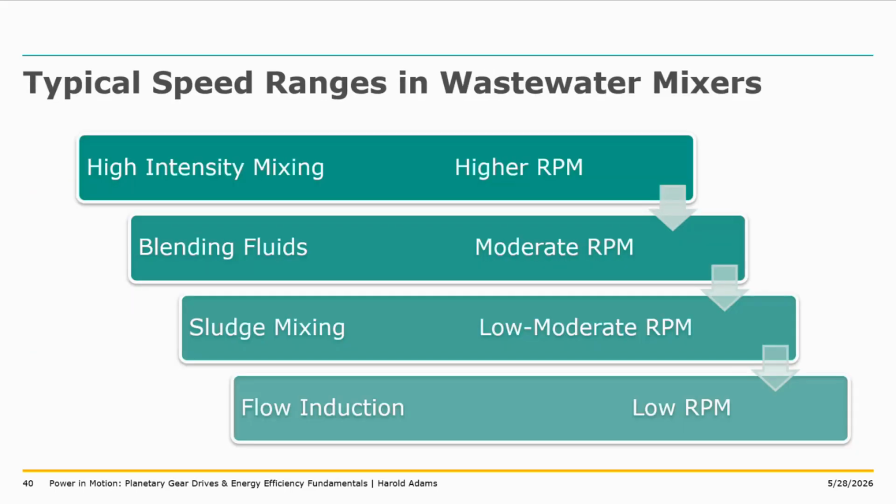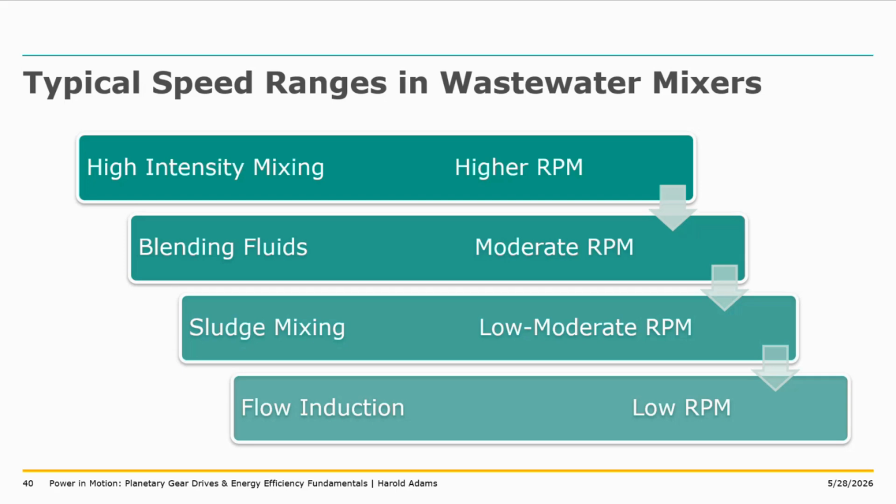So when do we need high or low speed outputs for wastewater, specifically in mixers again? High intensity mixers typically require higher RPM. We need to achieve that agitation. As we're blending fluids, our RPM demand begins to diminish.